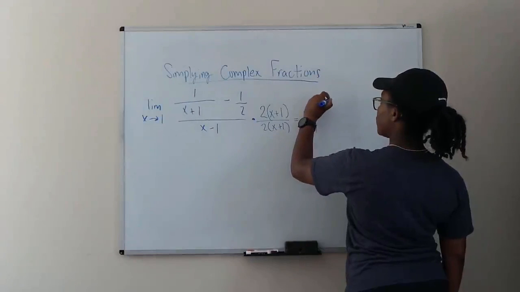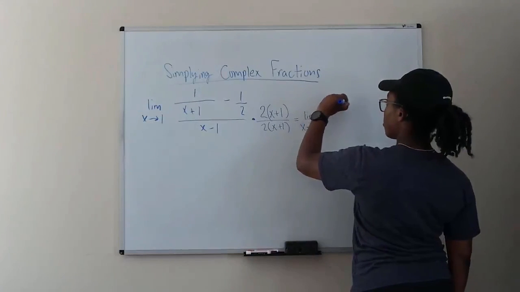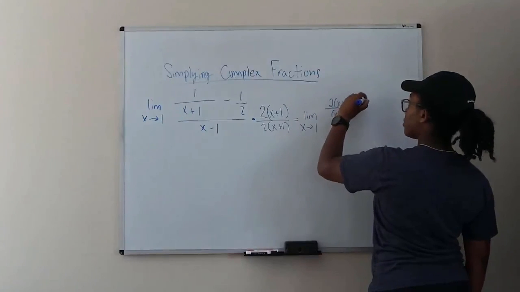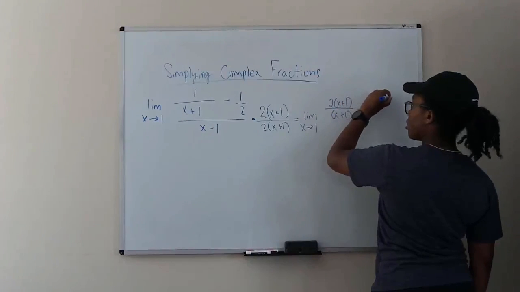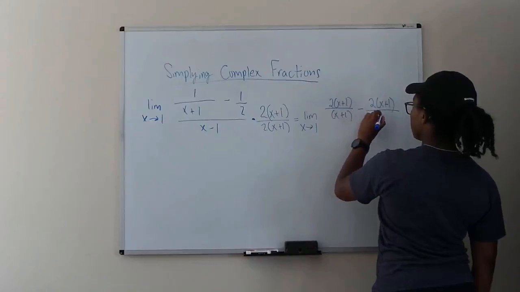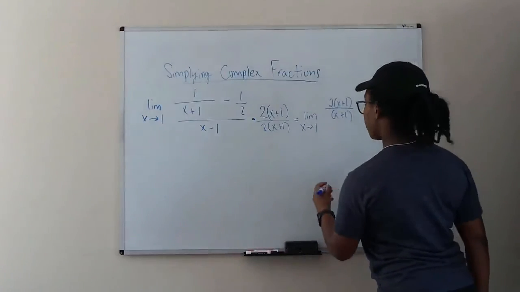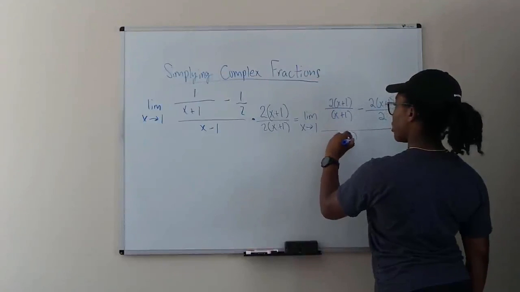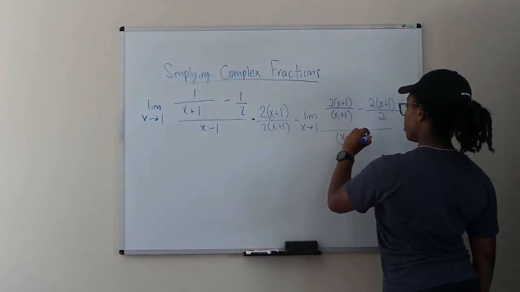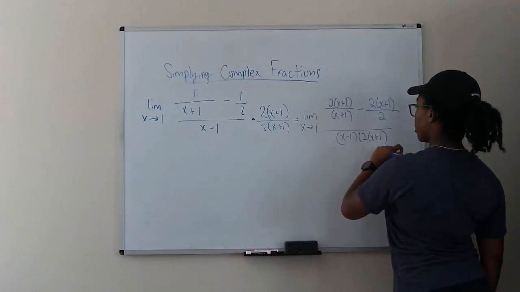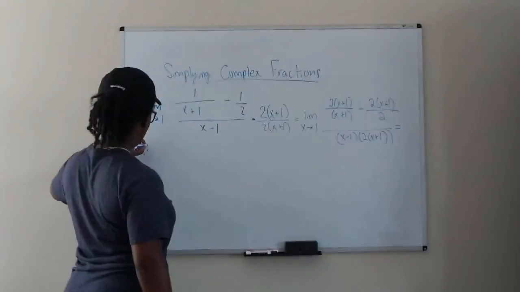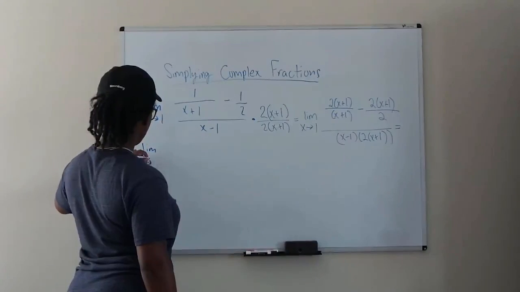So if we have 2 times x plus 1 on the top, it's going to be over x plus 1, then minus 2 times x plus 1, I just multiplied that through, and then we're going to leave the x minus 1 times the 2 times x plus 1 on the bottom. Okay, so rewrite the limit as x approaches 1.